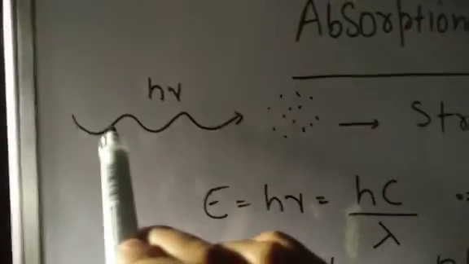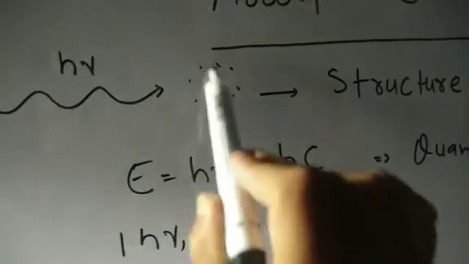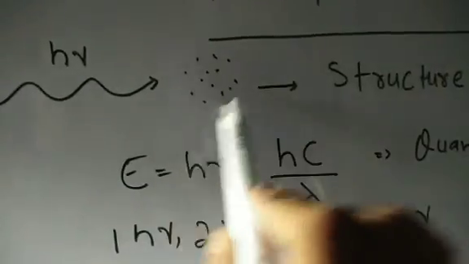Now we can see that once the electromagnetic radiation interacts with matter, that type of energy is absorbed by the molecule. Which type of radiation we are using, accordingly there will be a change in the energy levels of the molecule.